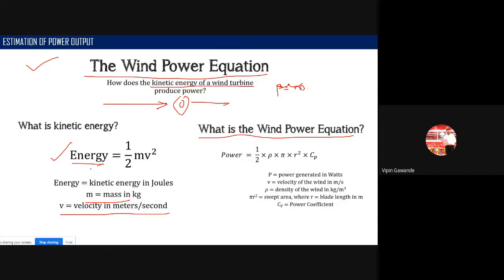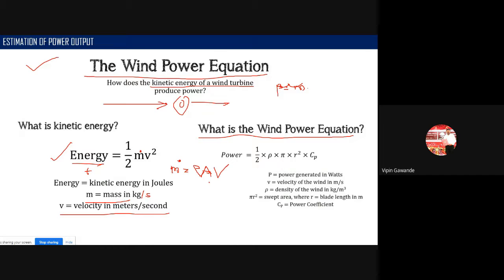So power is calculated from the energy, the same 1/2 m v squared, where the mass becomes m dot, in kg per second. This m dot we calculate as rho A v. This is the formula for the mass flow rate.